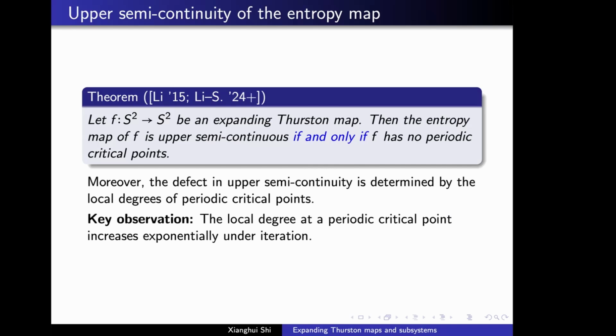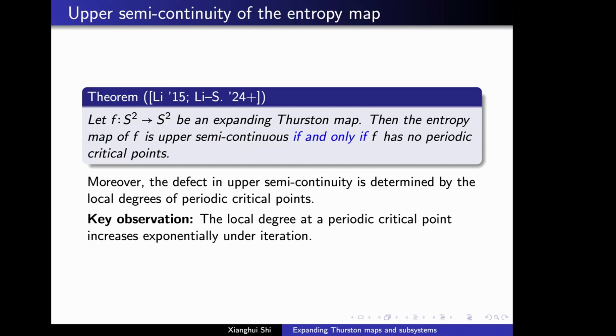Well, we know the delta measure has zero entropy, so this clearly shows that entropy drops in the limit. So we show that it's not upper semi-continuous at the delta measure supported on such a fixed critical point. So okay, that's the key idea behind the result.